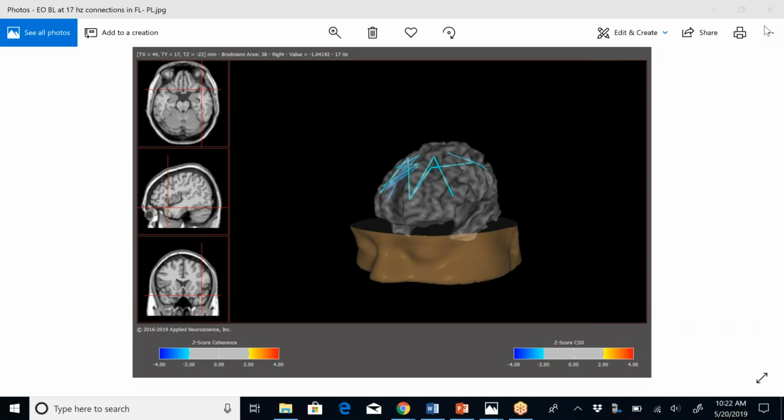So if you have somebody who has, let's say in this case, what you're seeing here on the screen is some pretty significant disconnections. The blue represents some disconnections in some of the parietal areas with the frontal areas. And this connectivity abnormality is what is so striking in autism.